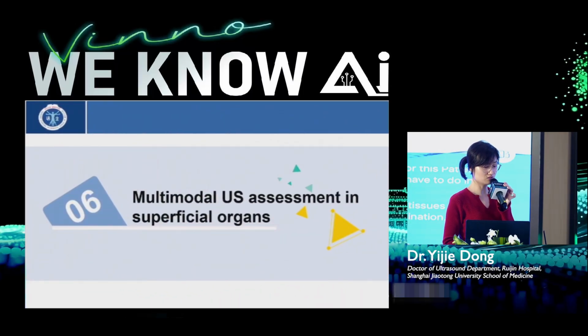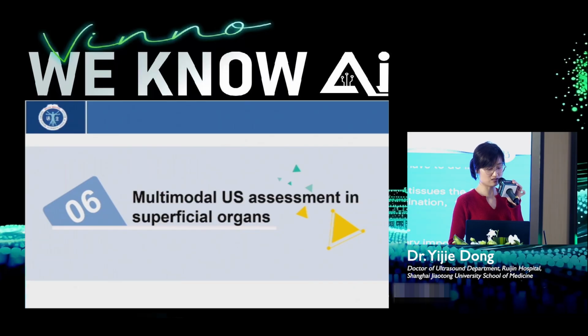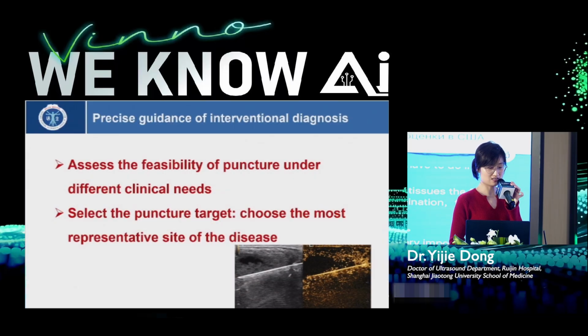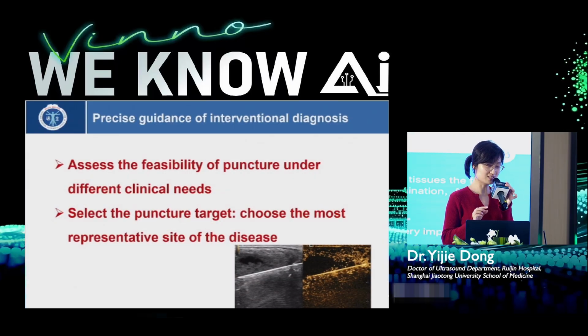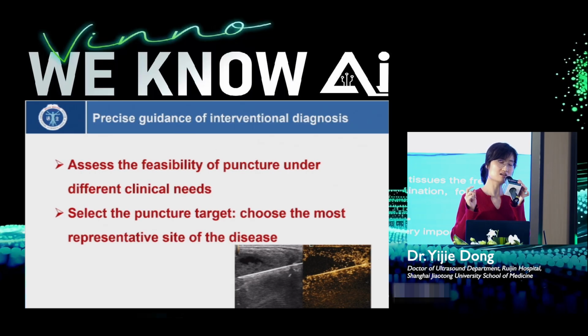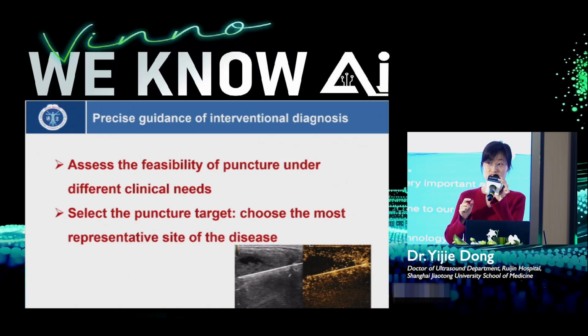Finally, the multimodal US assessments in superficial organs. We think the precise guidance of interventional diagnosis is critical in our clinical work, because nowadays ultrasound doctors not only do imaging diagnosis, but also interventional diagnosis.